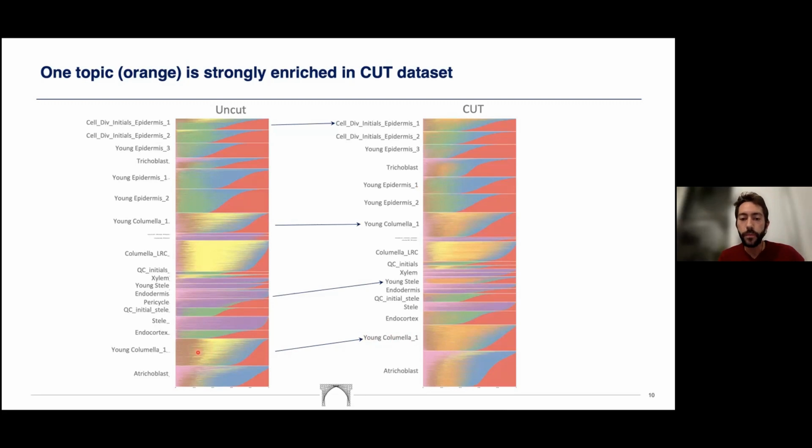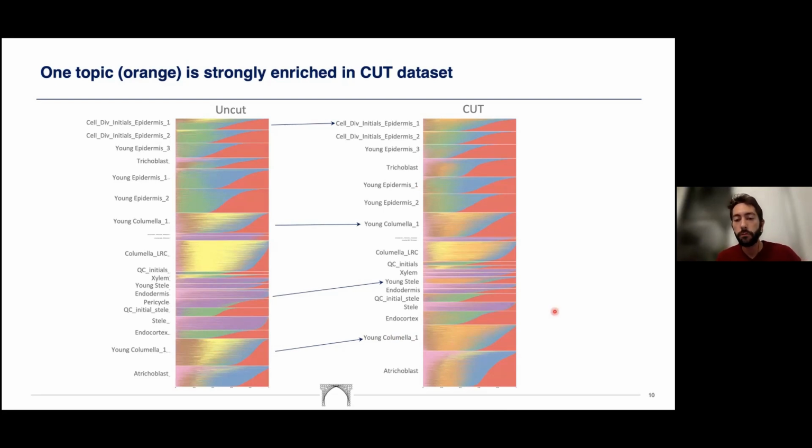So we thought this was looking good, and we identified that under this orange topic, there were lots of genes already known to be important for root morphogenesis and seed development. So now we have multiple candidate genes that seem to participate in root regeneration.